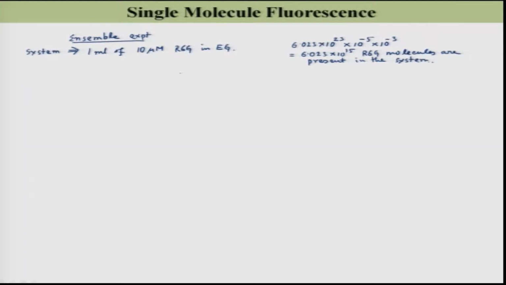How many ethylene glycol? So, I know this: 1 mole of ethylene glycol is equal to 56 ml of ethylene glycol, that I know. So, 1 ml ethylene glycol is equal to just simply 17.8 millimole of ethylene glycol, right.